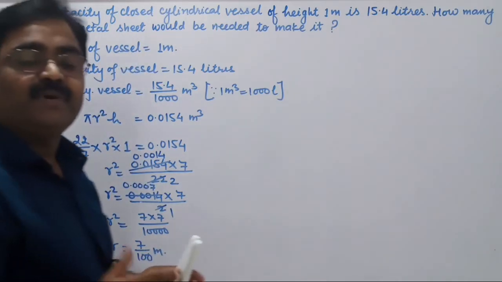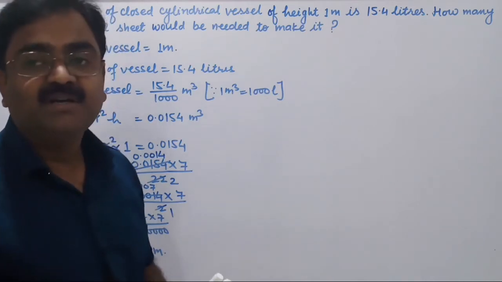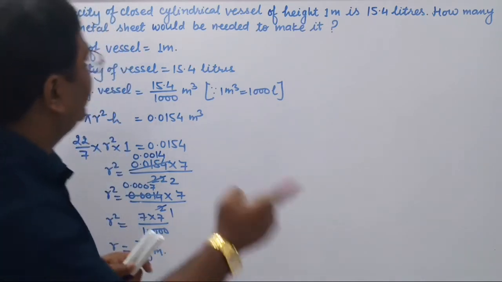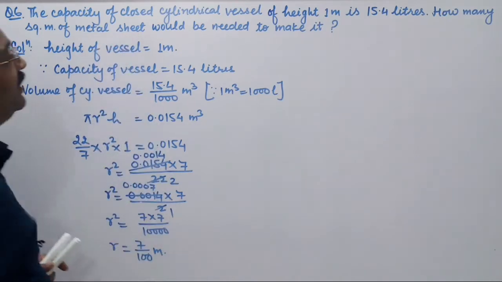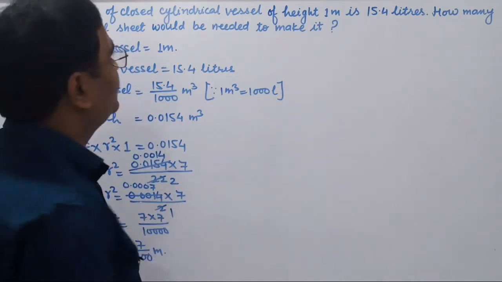Now it is asking how many square meter of metal sheet would be needed? It means we need to find out the total surface area of this cylindrical vessel, to find the metal sheet required for this vessel.